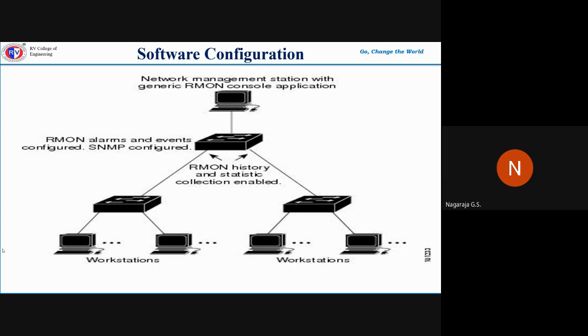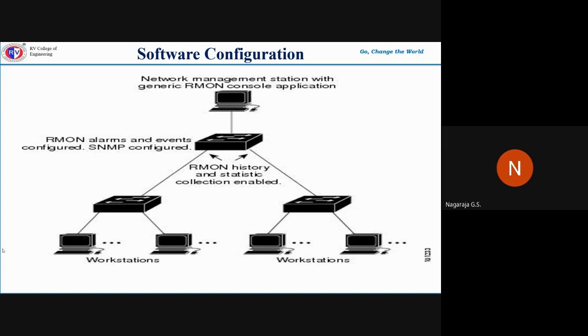This flow of information happens from the end nodes to the root station, in terms of a hierarchical or tree structure of network topology. This is one kind of local area network, a tree topology, or even a bus topology, or a ring topology.